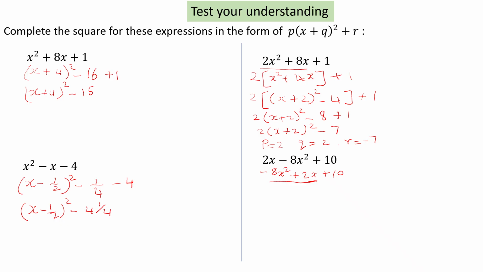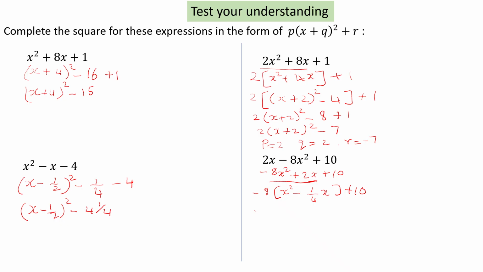So negative 8 bracket x squared minus 1 over 4 x, plus 10. If you multiply negative 8 times x squared, negative 8x squared, negative 8 times a quarter, which is positive 2.